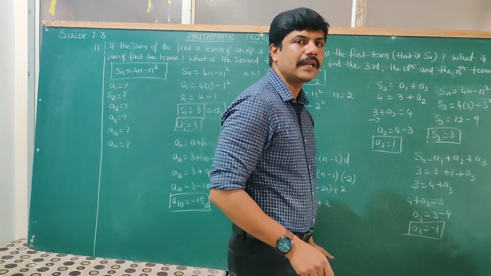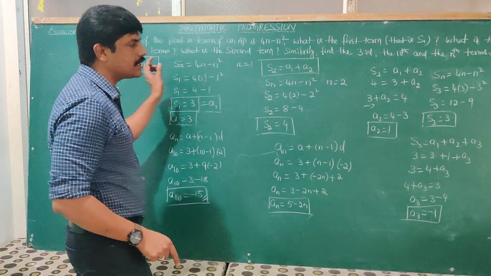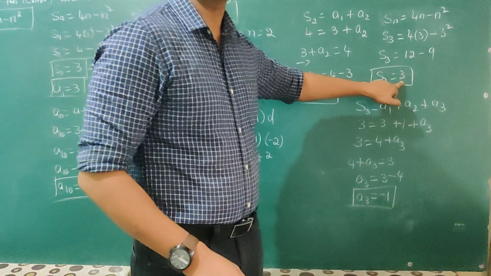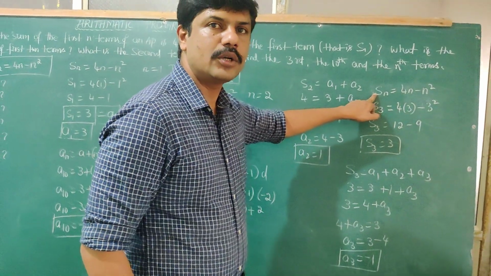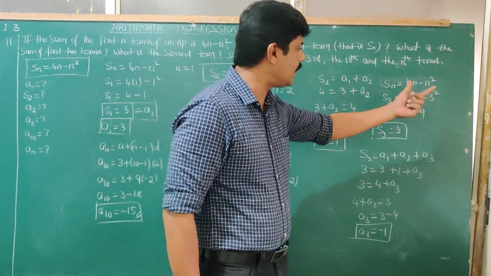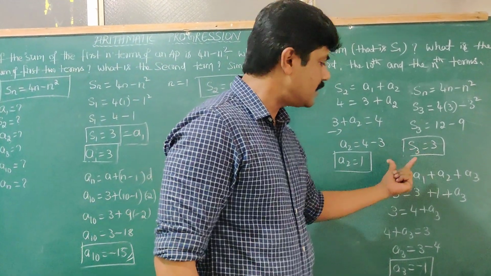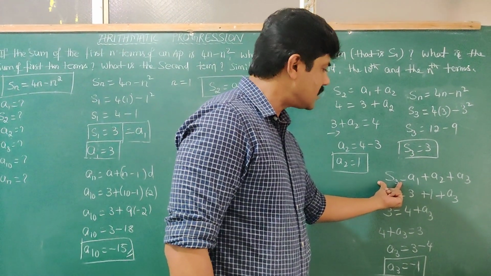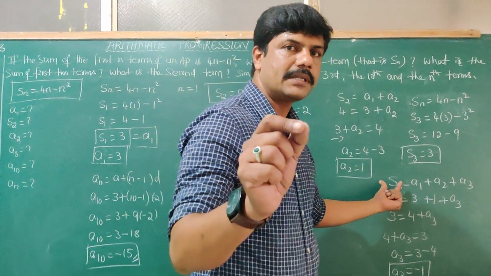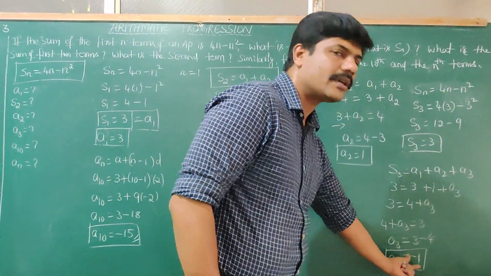Using this condition we got S3 is equals to 3, by substituting n is equals to 3. Sum of three terms means A1 plus A2 plus A3. Then substitute all the available data, we will get A3 is equals to minus 1.